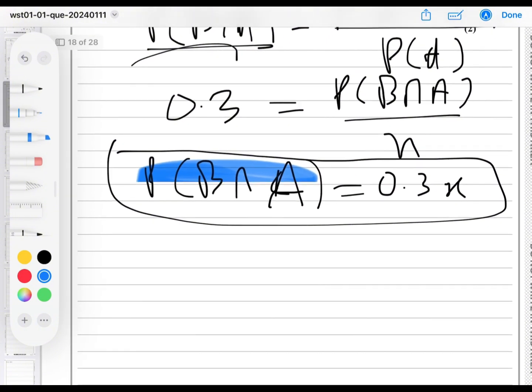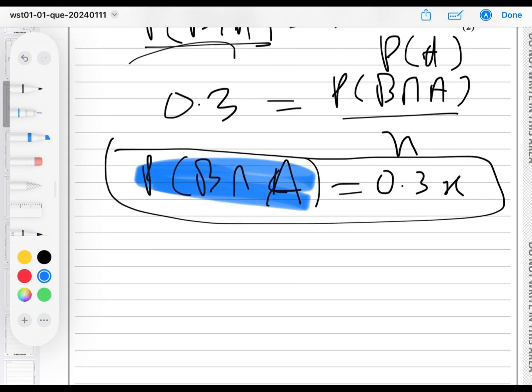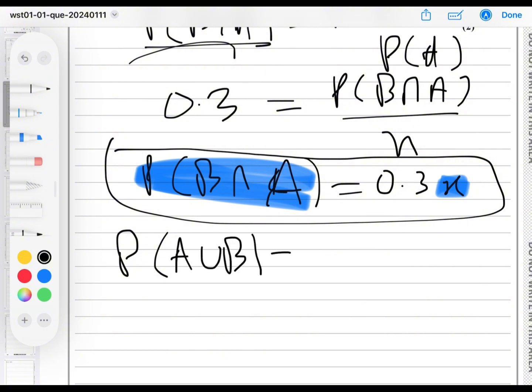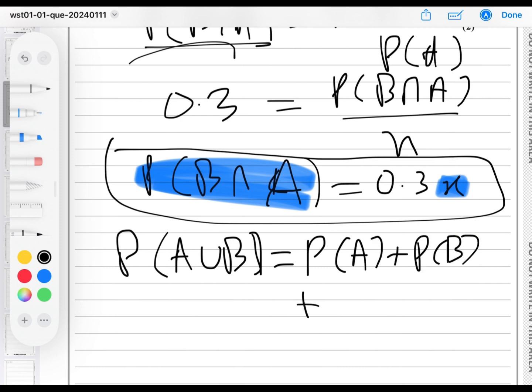Now this thing is unknown, and x is also unknown, so we will go for the B intersection A. You must be familiar with the formula: P(A) plus P(B) minus P(A intersection B).